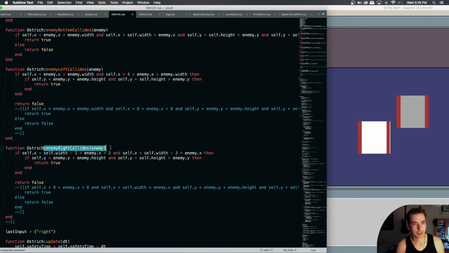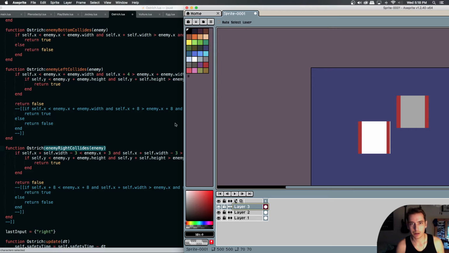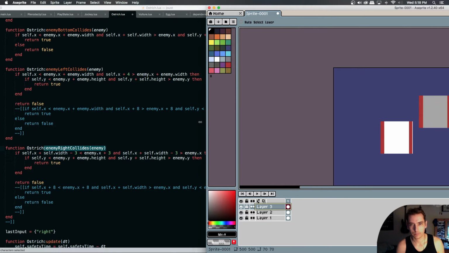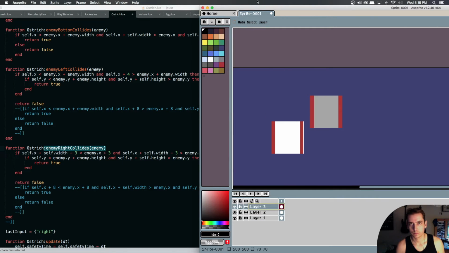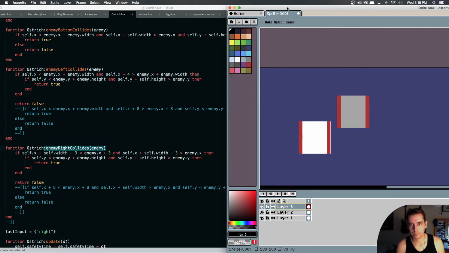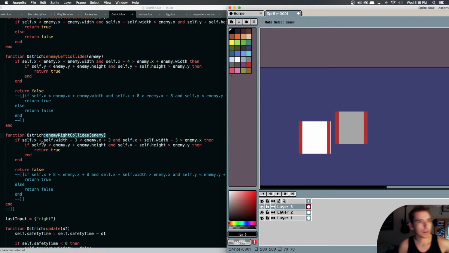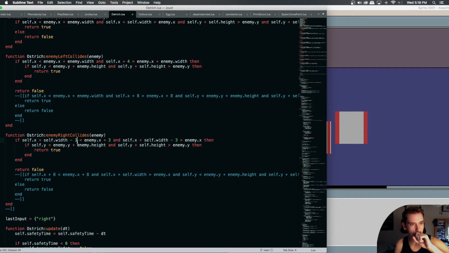If an enemy right collides, we know the enemy needs to be on the right. Here we go. So the enemy is on the right, like this. So what we're doing is asking, is the rightmost, yeah, we already messed up. Hold on.